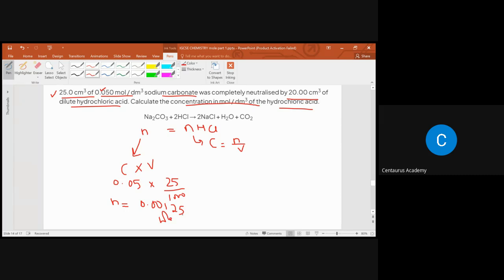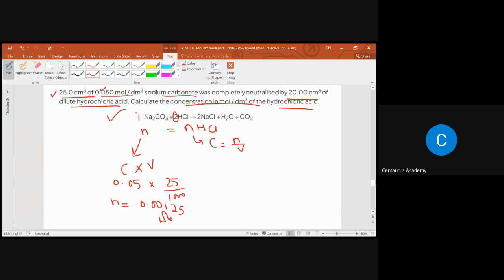So when you look into this, this is the actual amount of moles that have been completely neutralized by the amount of hydrochloric acid. The next step is that you should look into the chemically balanced equation and the stoichiometric ratios, the molar ratios which are given to you in this equation. If you look into this one, 1 mole of sodium carbonate reacts with 2 moles of hydrochloric acid.